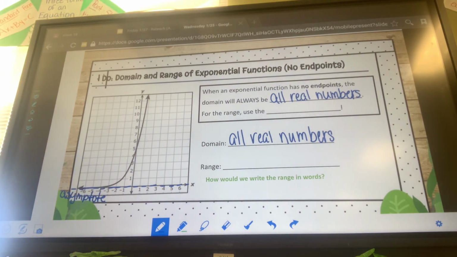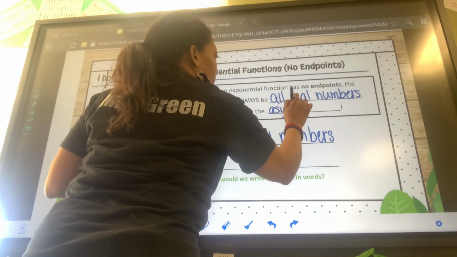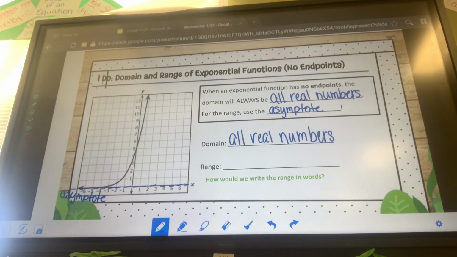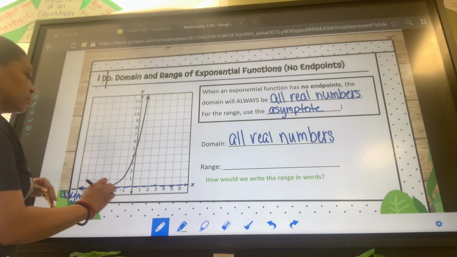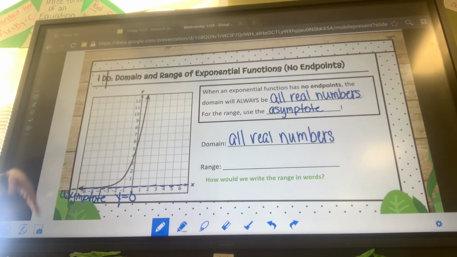So for our range, we are going to use the asymptote. Because remember, the asymptote is a line that the graph runs right along top of or beside or whatever, but it never touches it. So that means this asymptote says, hey, you're not going below me. Okay? And our asymptote is written as an equation. So this is y equals 0. So that means this line is not going below the 0. So that's where we're going to get our number from, that 0.